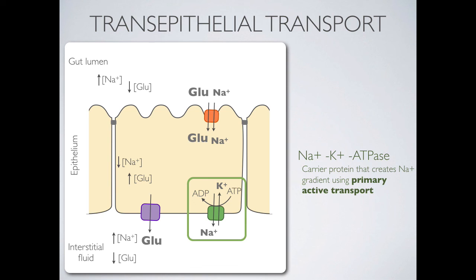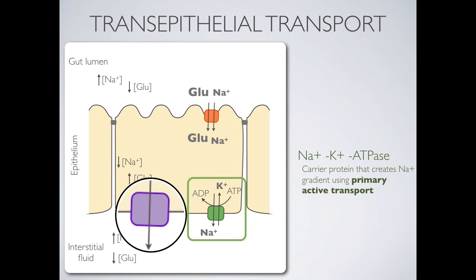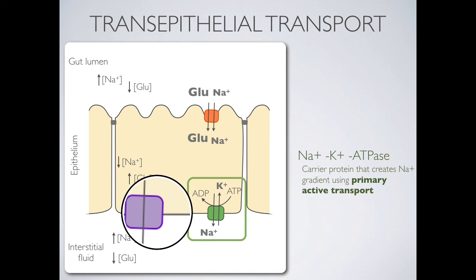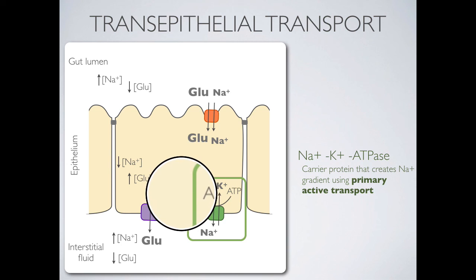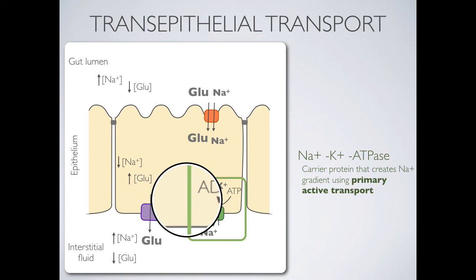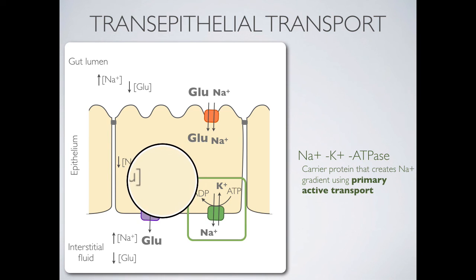So in this case, we're eliminating the opportunity to bring glucose into the cell, and we're leaving open the facilitated diffusion that's happening on the basal surface. If there was nothing else going on in the cell, then you would expect that the glucose in the interior of the cell might reach equilibrium with the interstitial fluid.